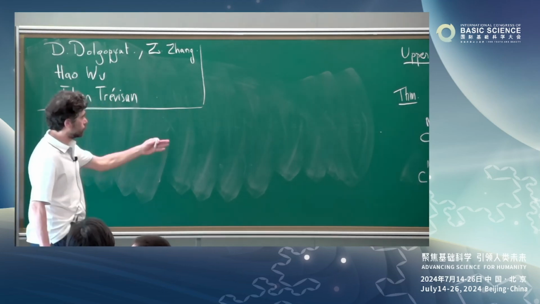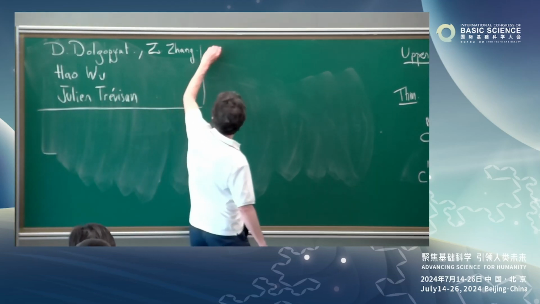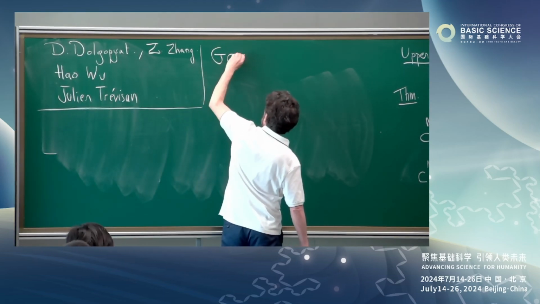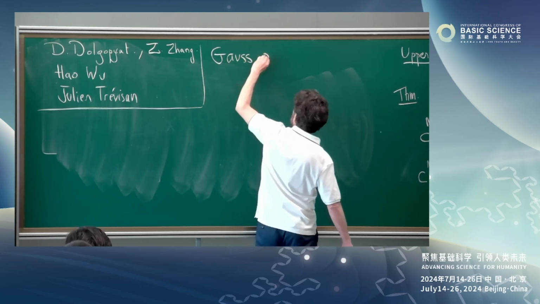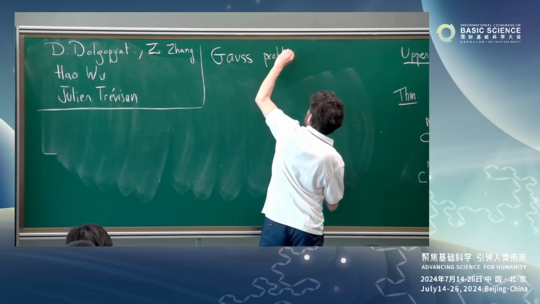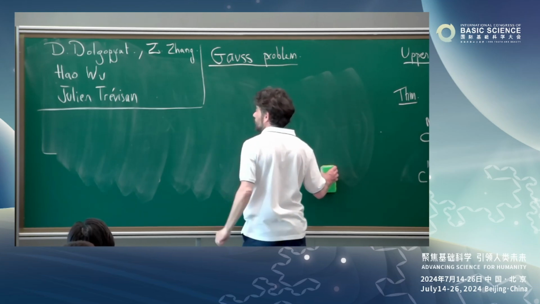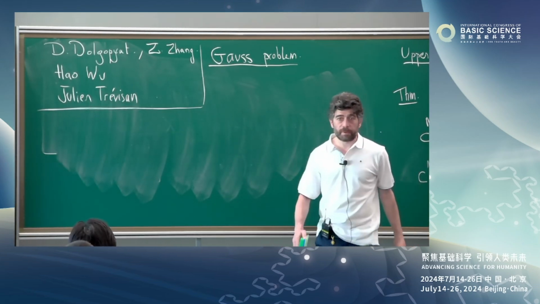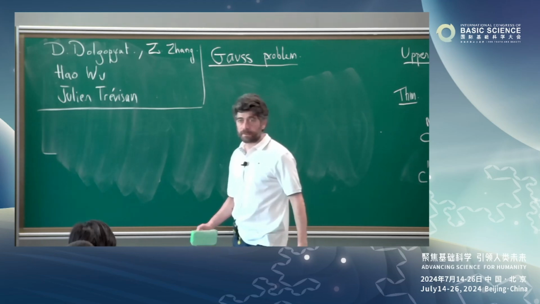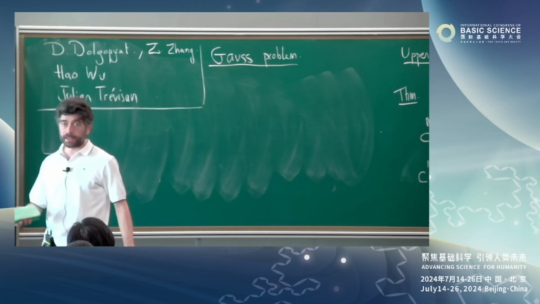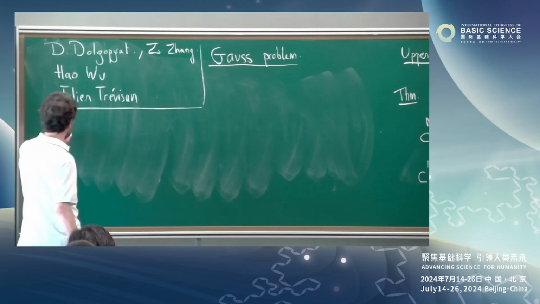So what is Gauss's problem? Remember Gauss's circle problem. It is also a problem about discrepancy. You have a set that is uniformly distributed in R^2, and what is this set? It's Z^2.